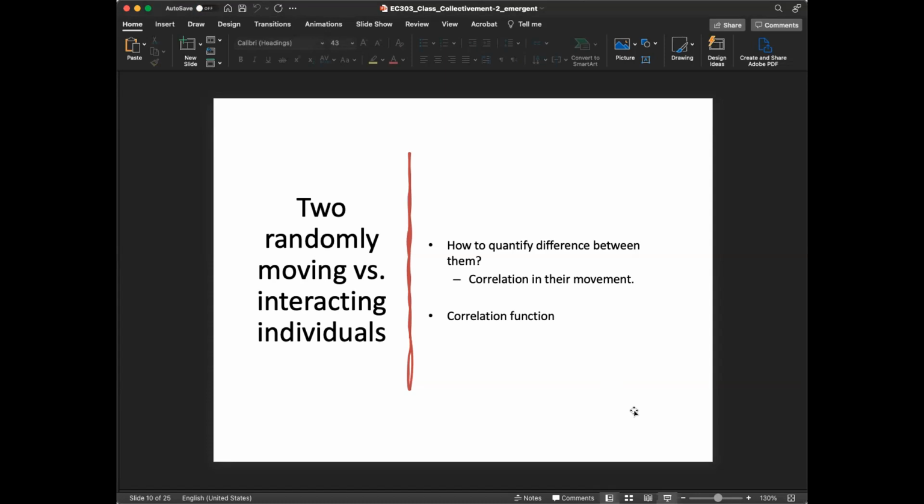Correlation between the directions, very specifically, as Sean said. Sometimes they will be going in the same direction. The correlation in such a scenario will be how much? Maximum, right? Close to plus 1. When they are going in opposite directions, what will be the correlation?